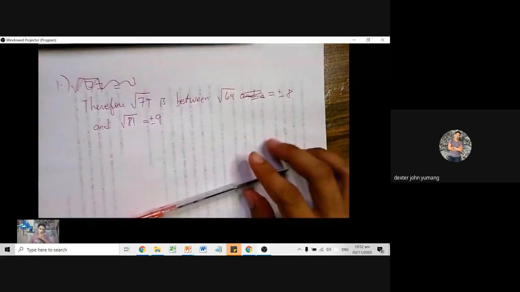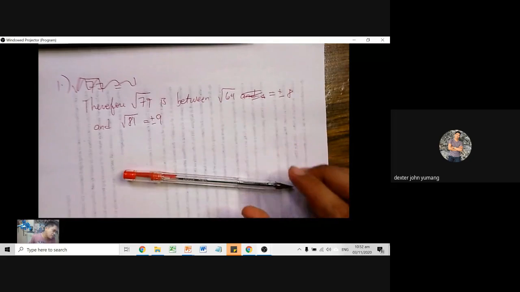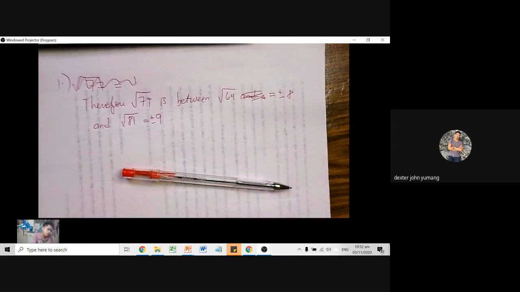So, ganyan po ang pagsagot. So, therefore, square root of 77 is between square root of 64 is equal to plus negative 8, and square root of 81 is equal to plus minus 9.